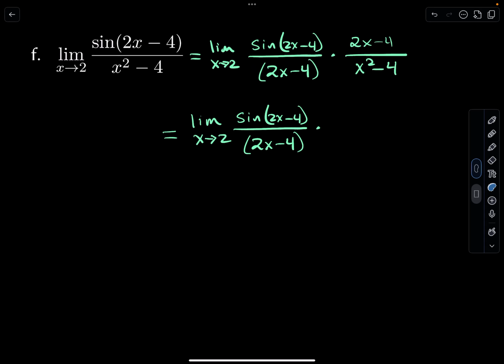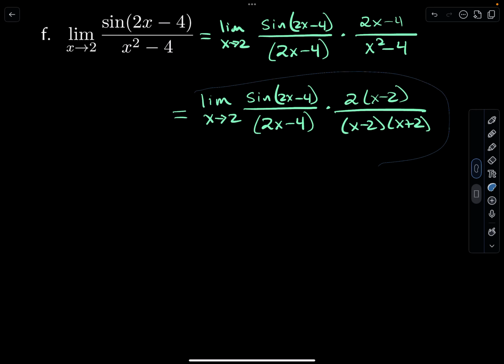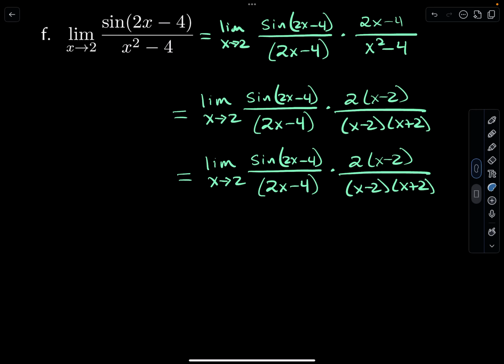So 2 times x minus 2, and this will be x minus 2 times x plus 2, and then of course you know what's going to happen next, we're going to cancel that stuff. So here we are. So that gets canceled with this. And let's make it look a little prettier.